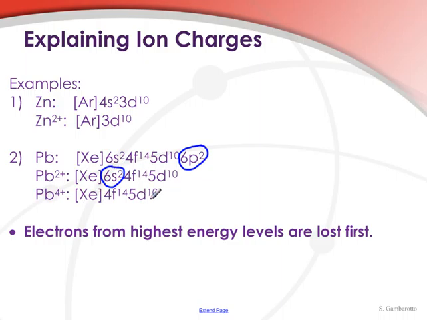So your final electron configuration is what's remaining: your xenon noble gas, 4f14 and 5d10. Electrons from the highest energy levels are usually lost first, so that's why again we lose the 4 first in zinc, because the 4 energy level is higher than the 3, and we lose the 6 first in both of these lead cases.